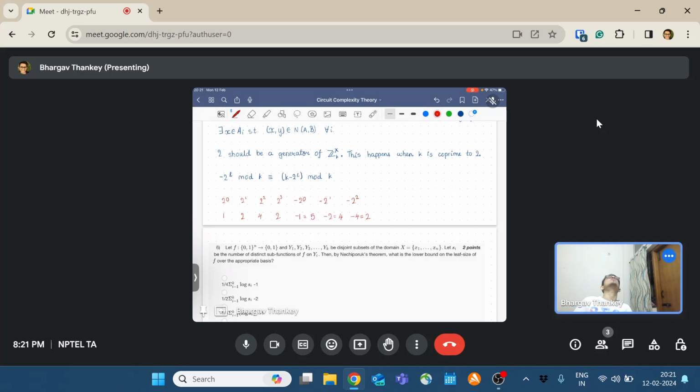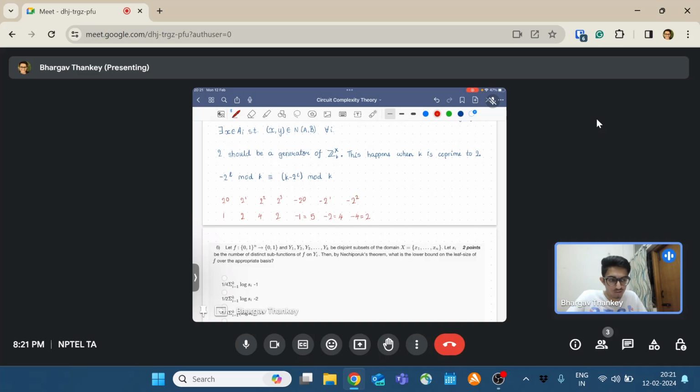Okay. So to be a generator, the least common multiple should be less than the size of the group, right? So then can 2 generate Z cross K?